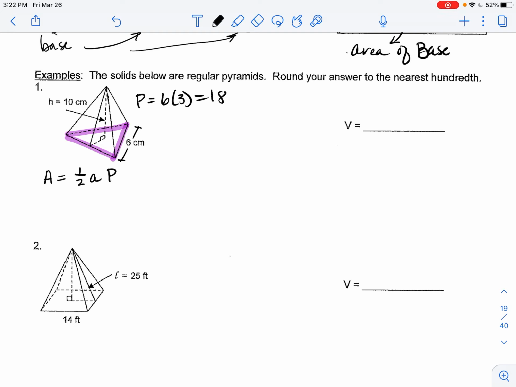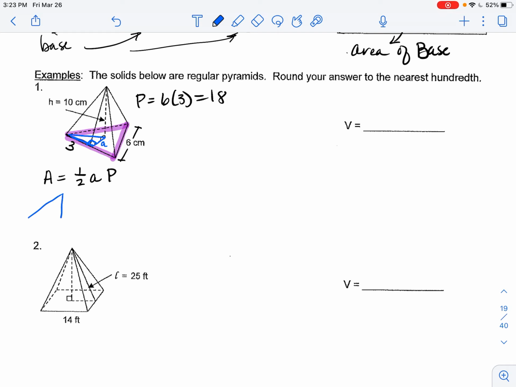What we also know is that this piece on the triangle, let me go ahead and draw in the triangle. Let me grab a different color here. Do you remember how we did this in our last unit? There is the little triangle on the bottom. And we're going to need that because we need the area of the base, and so we need the little a, the apothem.